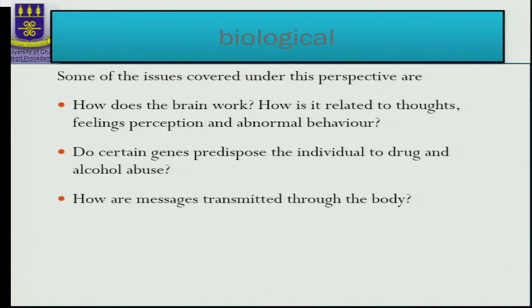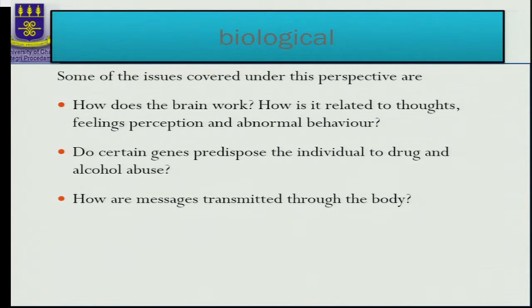Some of the issues that would be of concern to somebody holding on to the biological perspective would be: how does the brain work? How is it related to our thoughts and our feelings and abnormal behavior? Do certain genes that we inherit from our parents predispose us to certain diseases and disorders?